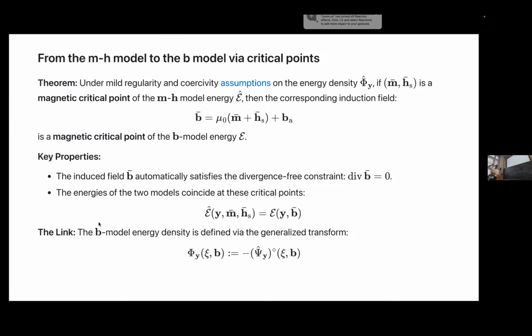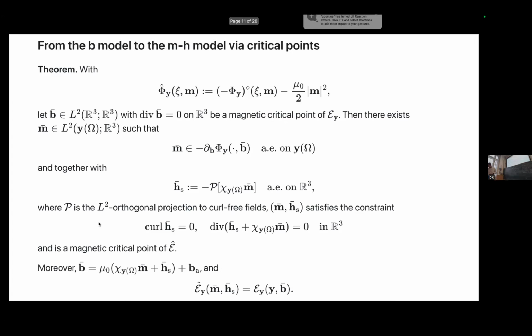And of course, you can also derive a proposition that allows you to go from the B model to the MH model and say that if I have a critical point of the B model, then the corresponding energy for the MH model, derived through those constitutive equations that I was showing, gives a stationary point. And this is the other theorem: suppose that I start with a critical point for the B model. There exists a magnetization which satisfies this.